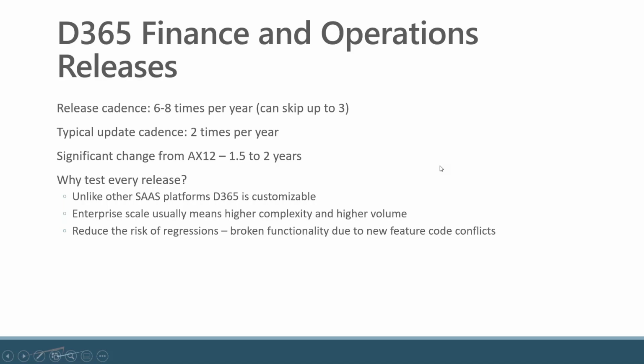Things that can't be unwound can be candidates for automated regression testing. And then areas where a regression could result in a fine or a penalty. If you have a regulatory agency that governs you in some way, you might want to focus some of your regression testing in those areas as well.